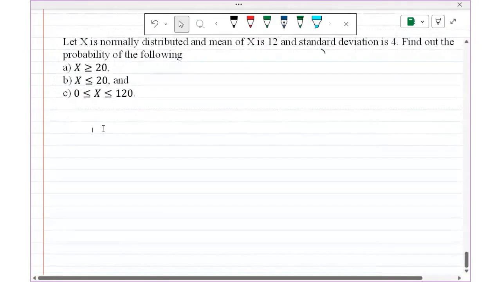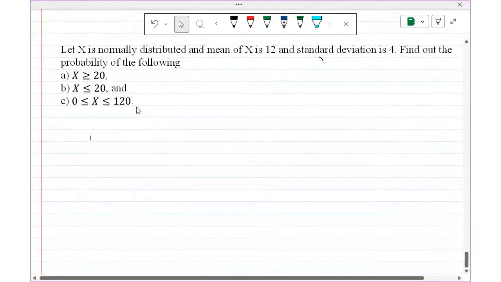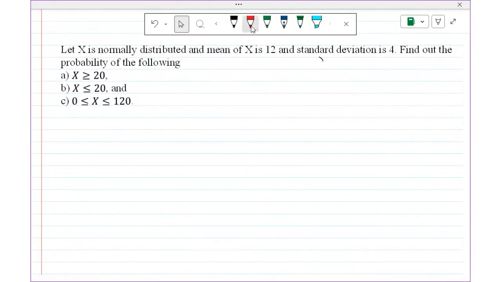This is the way in which the question will be framed, and you will be given some probabilities in terms of Z. So let X be normally distributed and the mean of X is 12. The standard deviation is also given, 4. And you are asked to find the following probabilities.